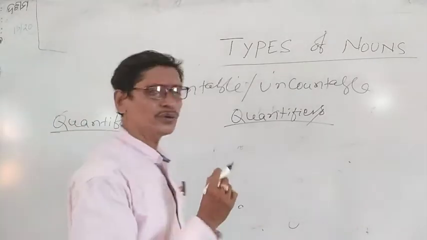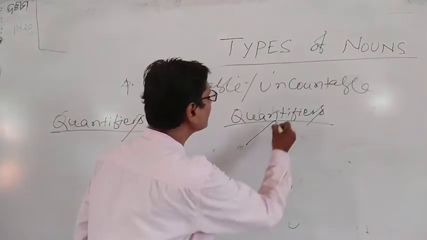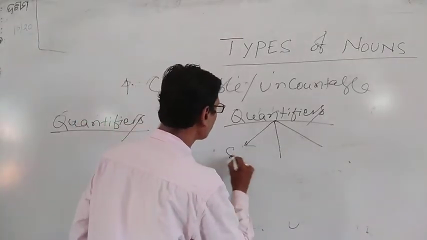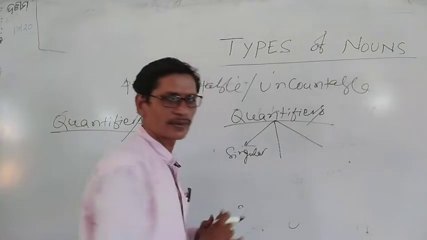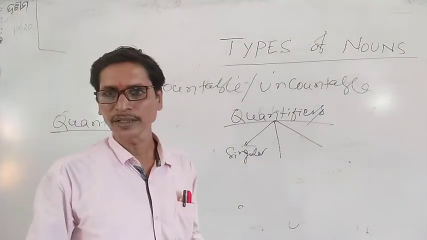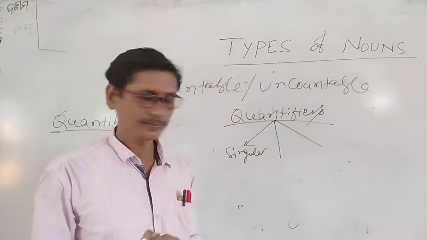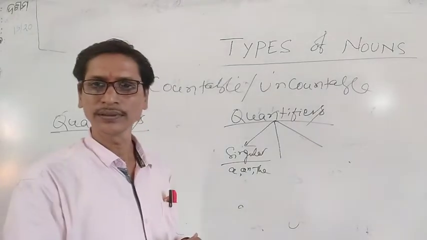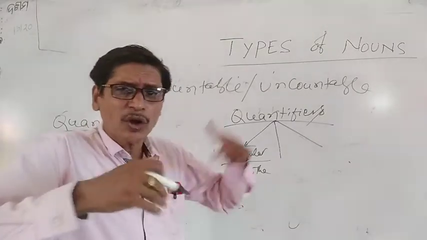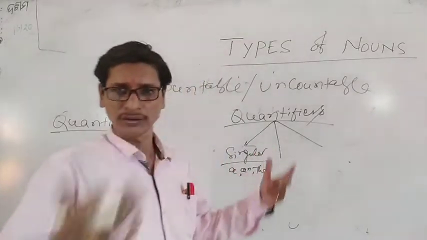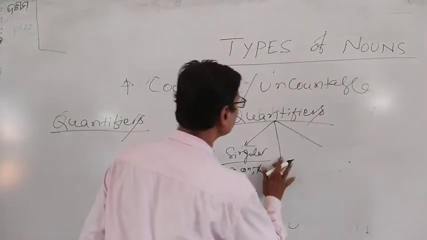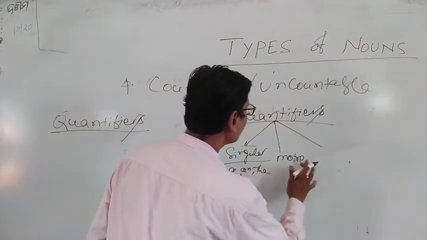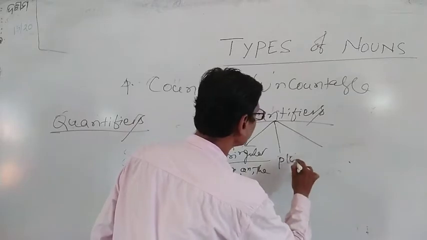Normally, when we use countable nouns, we use them in 3 different ways. Remember, one is to talk about singular. When we talk about one, we use a quantifier, for that we use a, an, or the. But when we talk about more, we use plural.